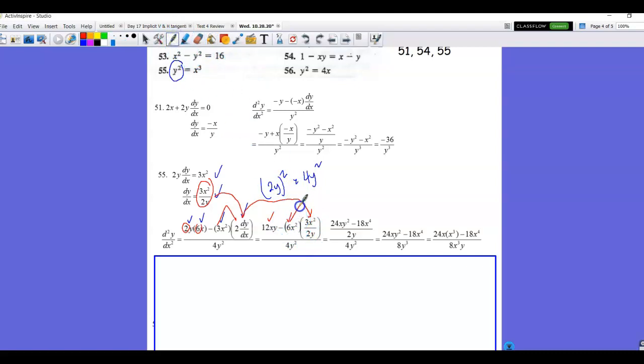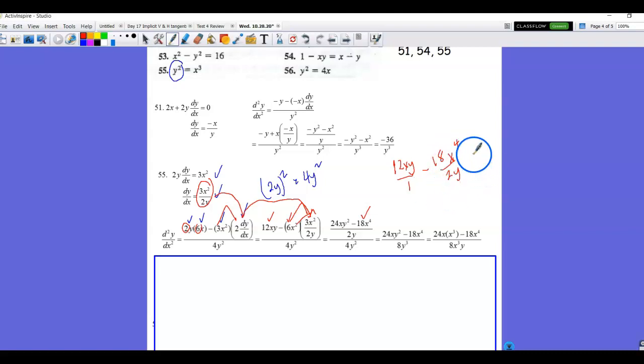So I multiplied 6 times 3 to get 18, and x squared times x squared to get x to the 4th. Now, where did this 24xy squared come from? Well, I have a 12xy over 1 minus 18x to the 4th over 2y.